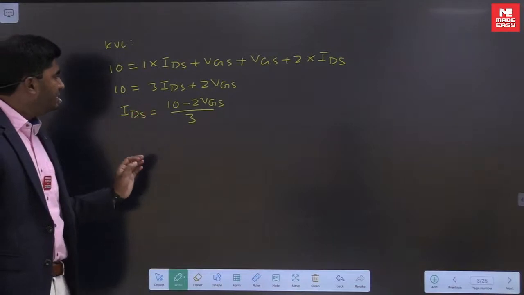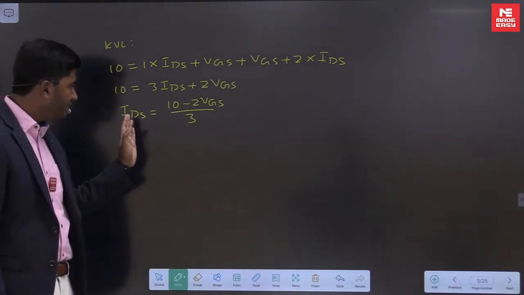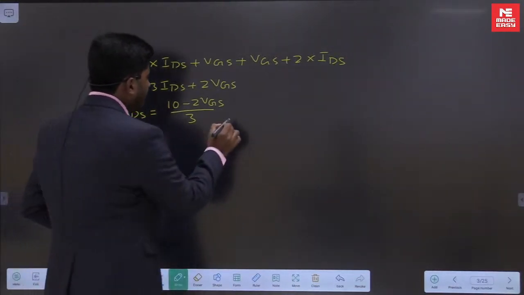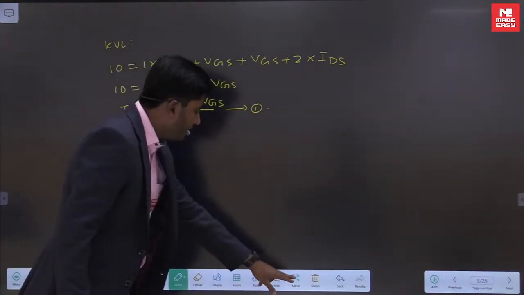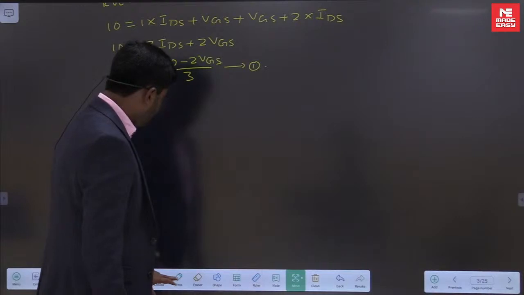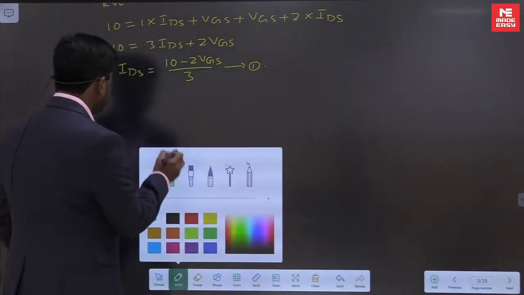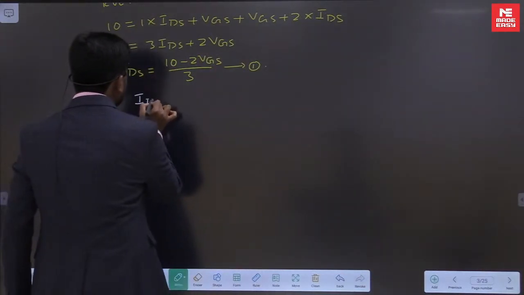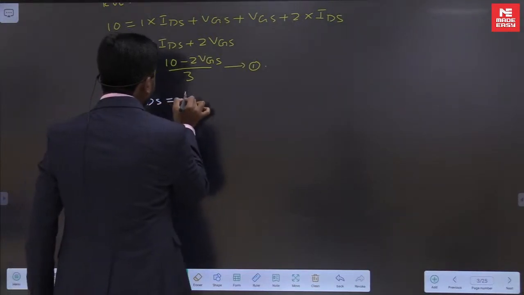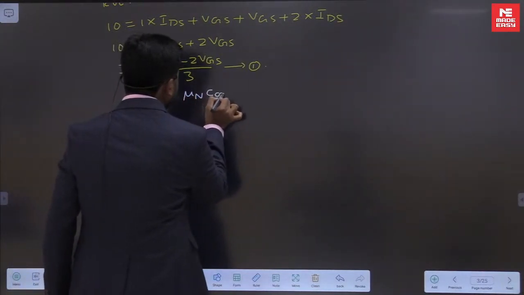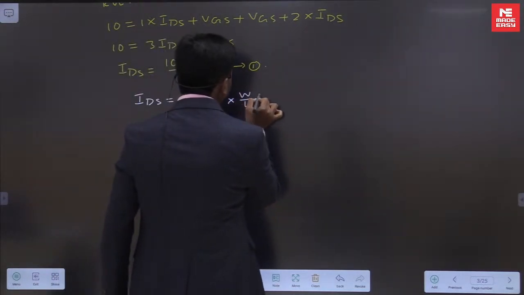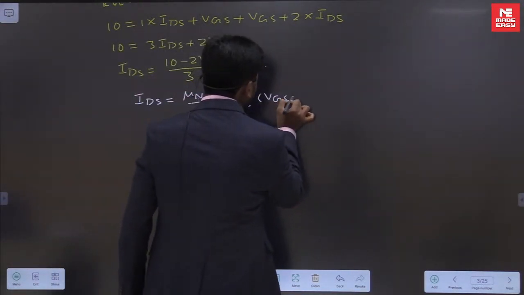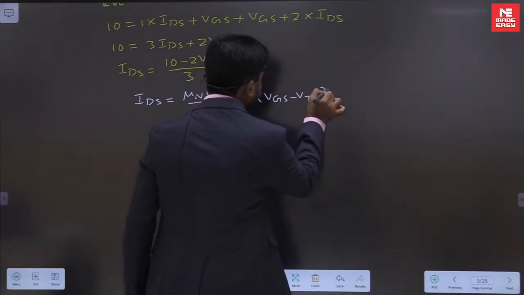Let us call this equation 1, and then we will apply the saturation equation of current. For a MOSFET which is in saturation, current is equal to mu n Cox divided by 2 into W by L into VGS minus VT whole square.